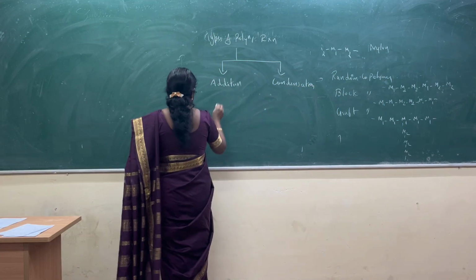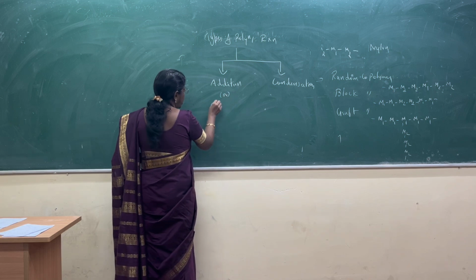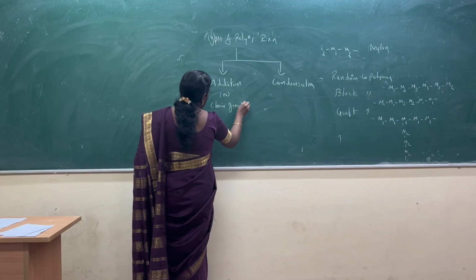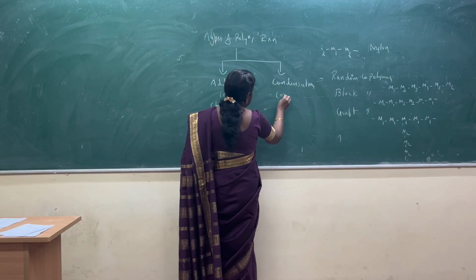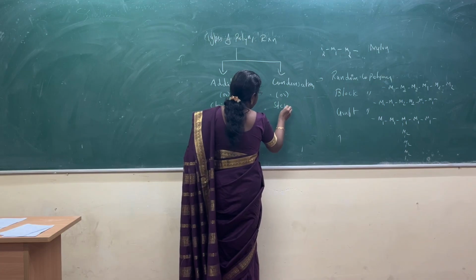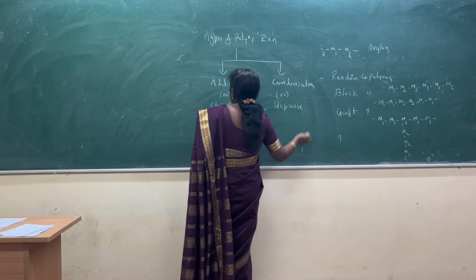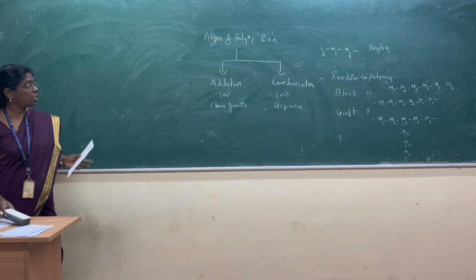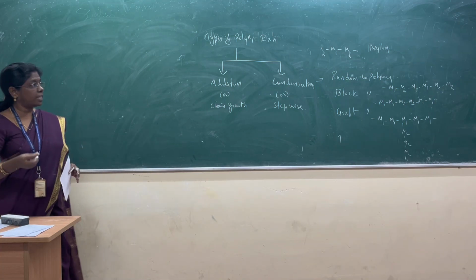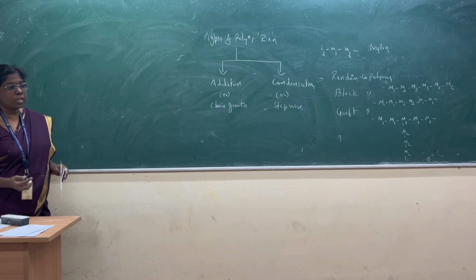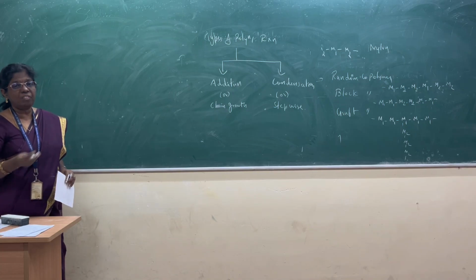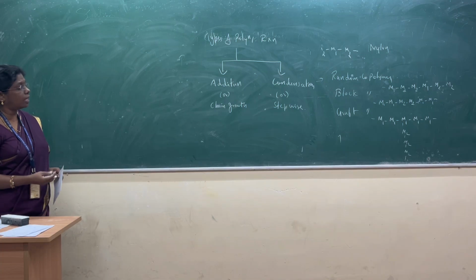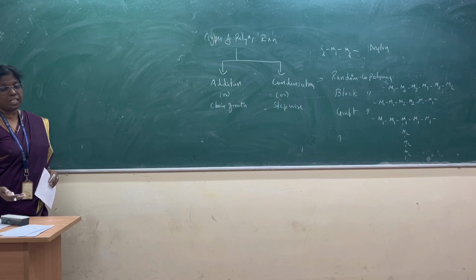Addition polymerization is otherwise called chain growth. Condensation is otherwise called stepwise. We have already studied what a polymerization reaction is. It is a chemical reaction in which monomers are combined to give polymers, with or without elimination of small molecules like water. That is called a polymerization reaction.